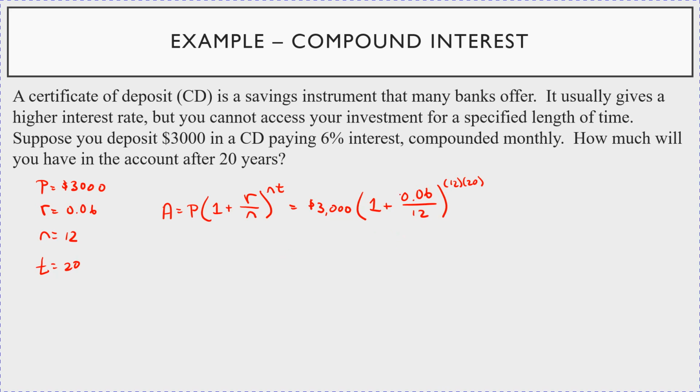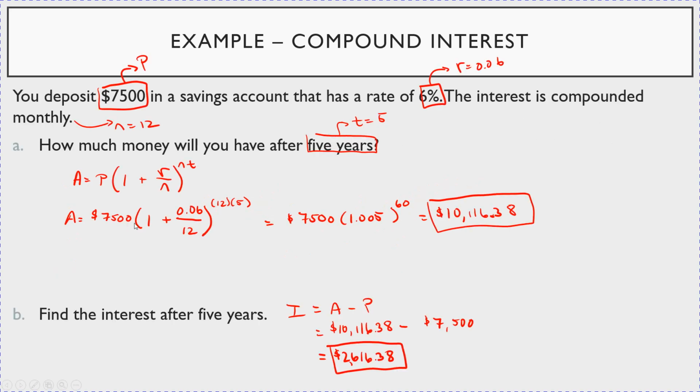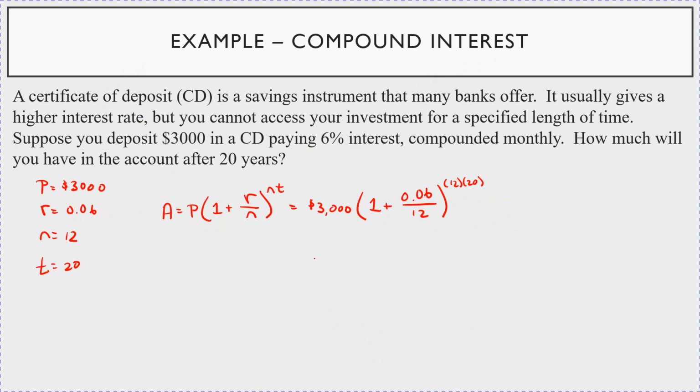Well, we did this in the previous problem. I picked the same thing. So we know that 1 plus 0.06 divided by 12 is 1.005. So it's 3,000 times 1.005. And what's 12 times 20? That's 240.